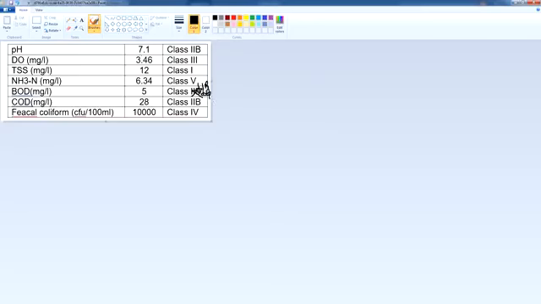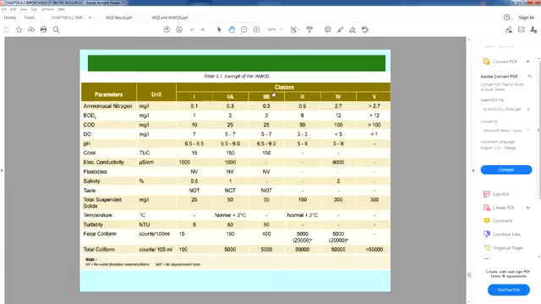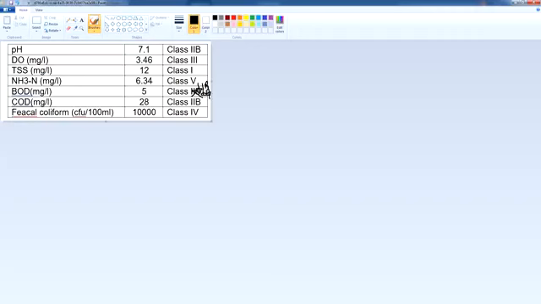Okay, so pH ni you can choose any class you want lah. So appropriately kita boleh ambil kelas 4 boleh, 3 ataupun 2B ataupun 2A. So it's up to you. pH is not that critical in this part, because it is quite neutral. 7.1 ni dikira sebagai neutral. It's not that critical, but the most critical is ammonia.